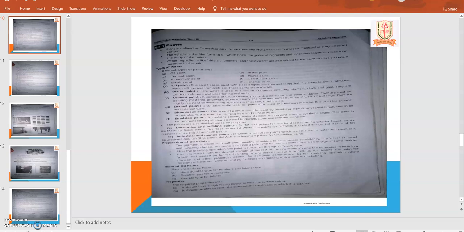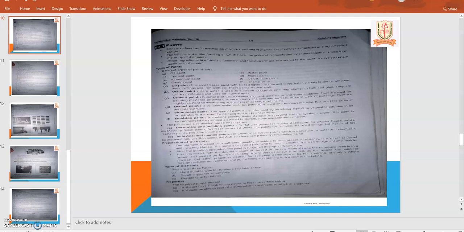First of all, they are mixed with the amount of raw materials and the remaining vehicle in the rotating mixer. Then tinting, which means color preparation.